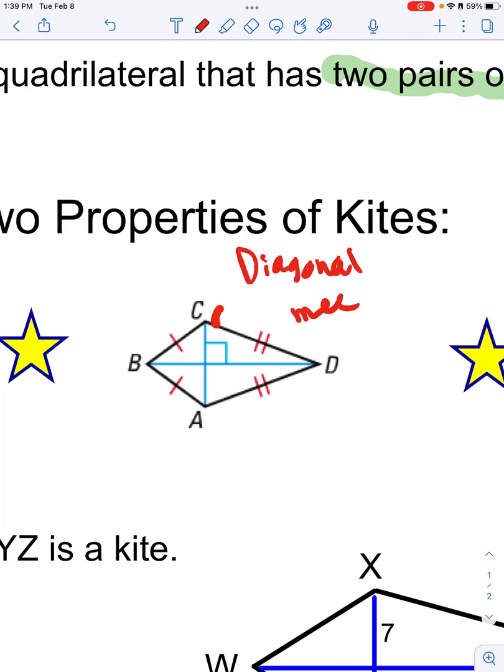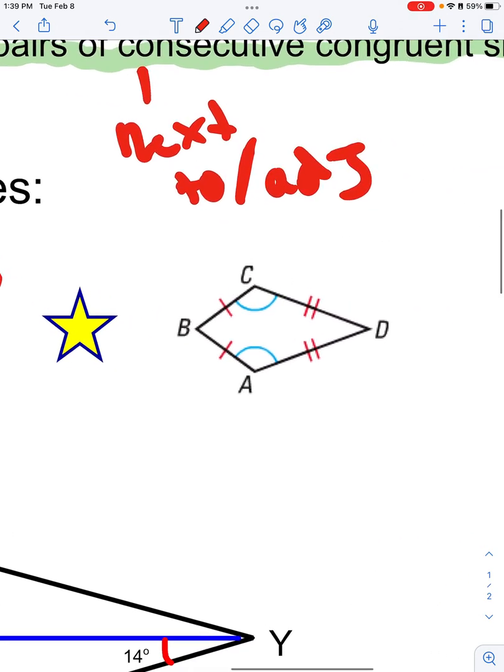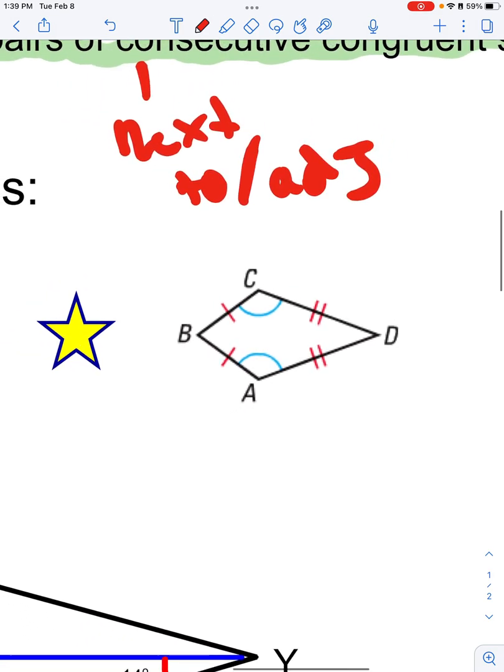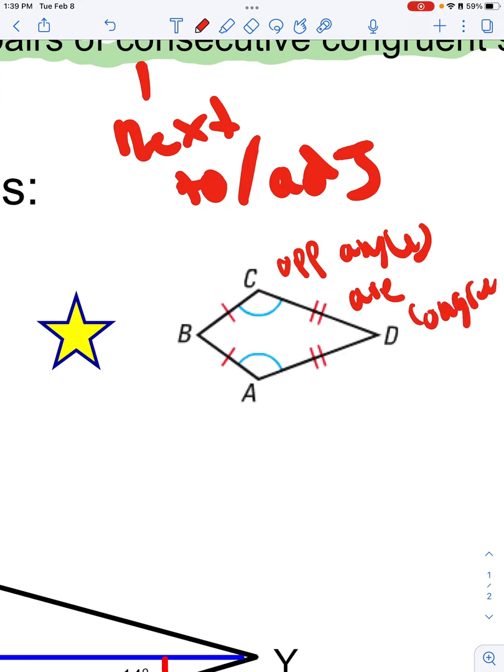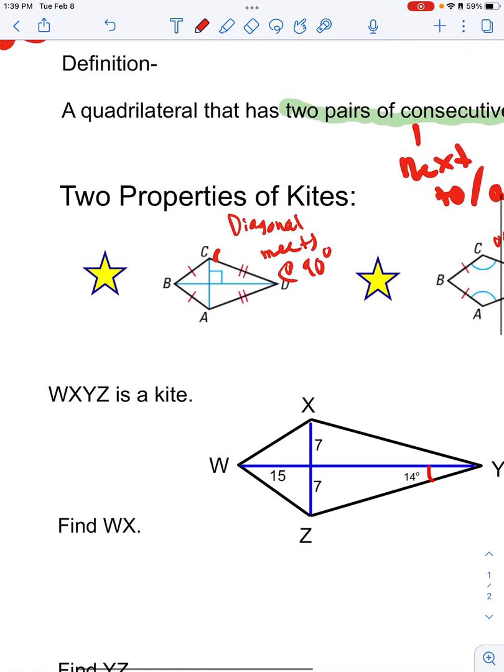Let's say that the diagonal meets at 90 degrees. So that's right there. And then the opposite angles are congruent. Okay, so we have opposite angles are congruent.